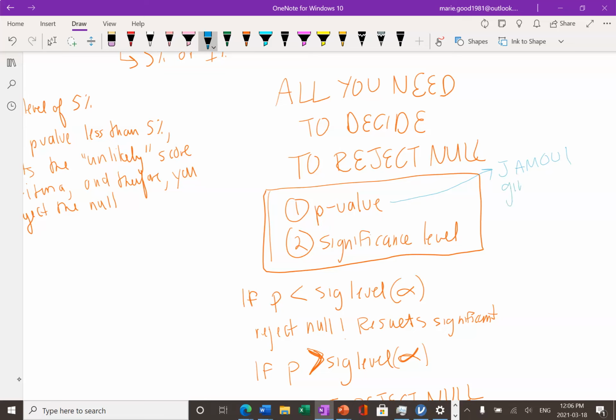Jamovi gives this to you in the output, and I'll show you that in a couple minutes. And then your significance level, you should be told this in the problem. For this class anyhow, or if you're a researcher, you decide whether your significance level is 5% or 1%. So yeah, it's a much faster and more straightforward way of making the decision of whether to reject the null.